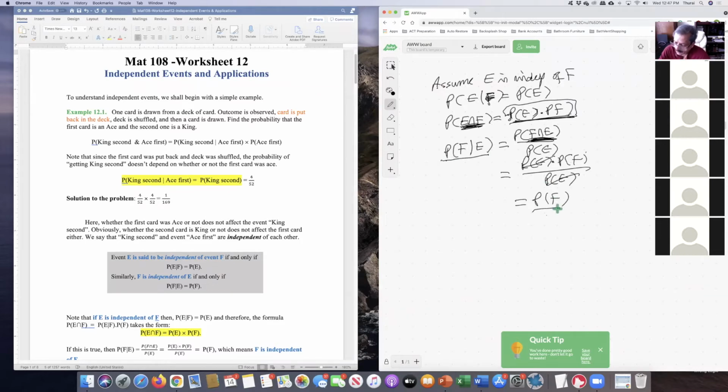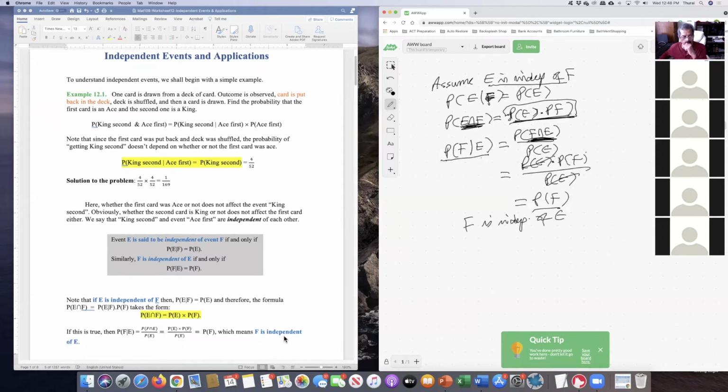In other words, if E is independent of F, then F is independent of E. F given E is the same as F means F doesn't depend on E. So F is independent of E. I just proved it. So if any event is independent of the other, we can simply say they are both independent of each other.